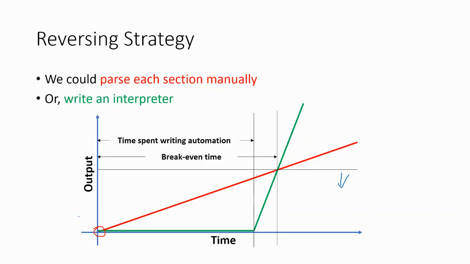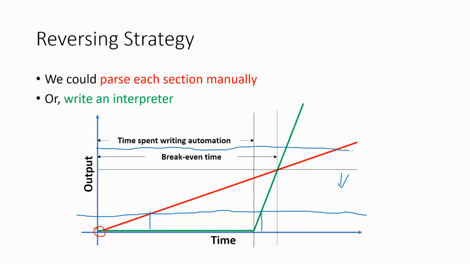So you'll be down here, and if we draw a horizontal line of constant output, we can see that the amount of time it takes to parse each section manually is actually far less than the amount of time it would take us to do it with automation, right? Because we don't have to spend all this time producing nothing.